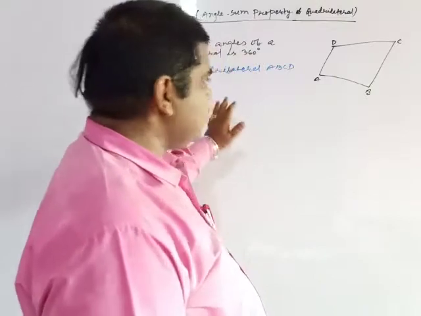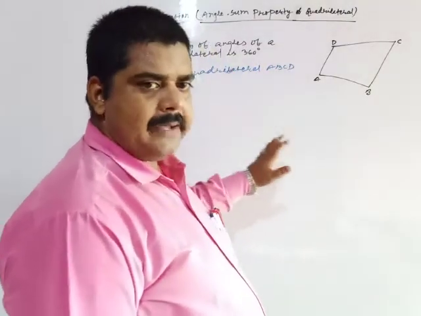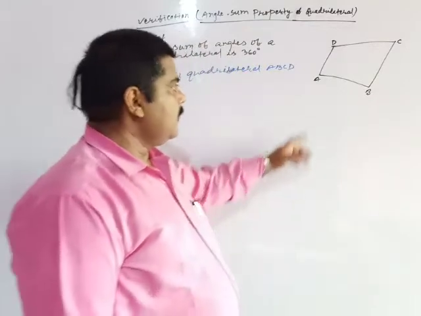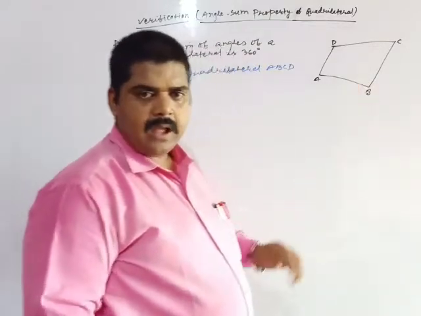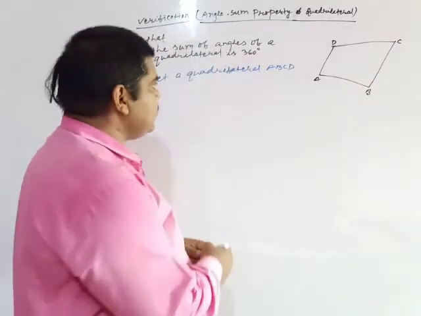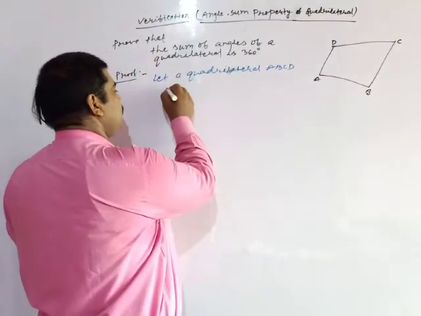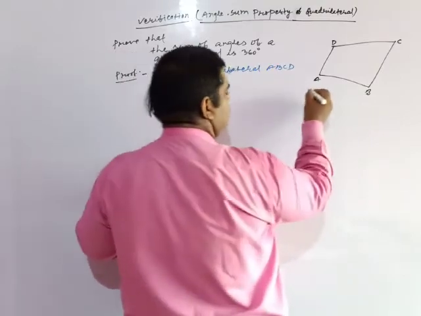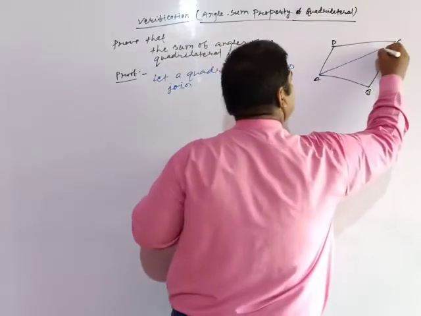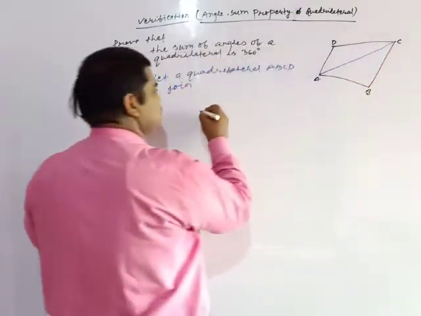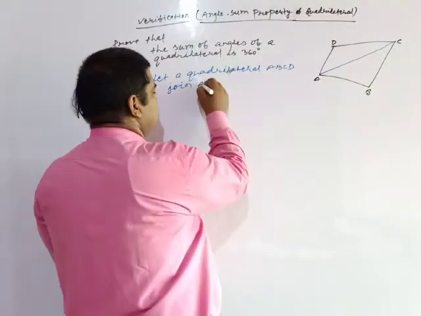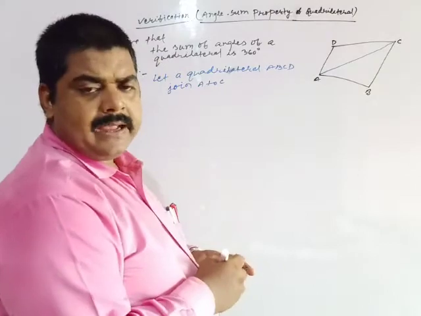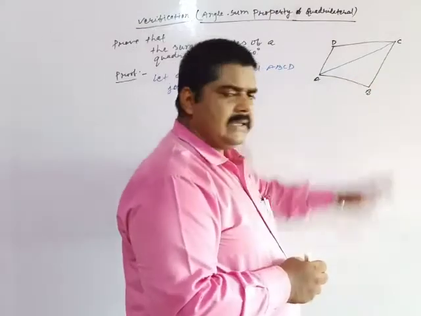And for its verification, I have considered a quadrilateral ABCD, and after that I join A to C, a diagonal. Any diagonal you can draw, A to C. I have drawn a diagonal, and that is AC.